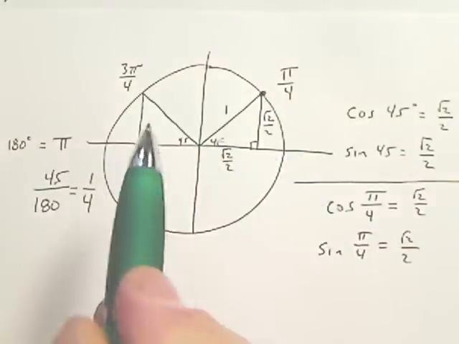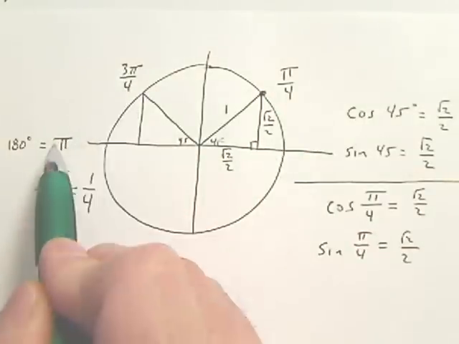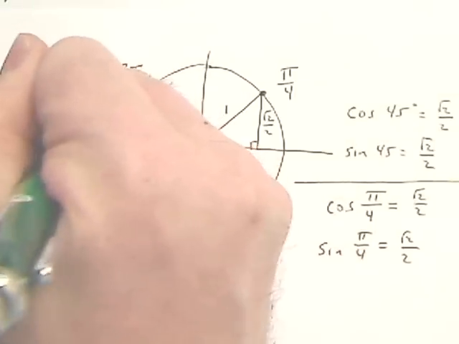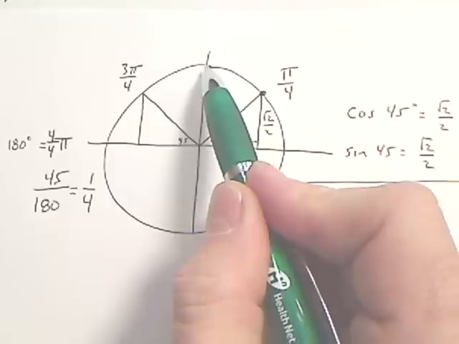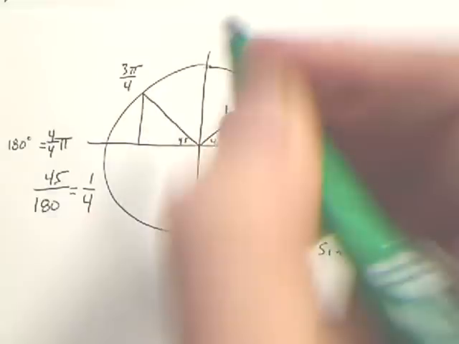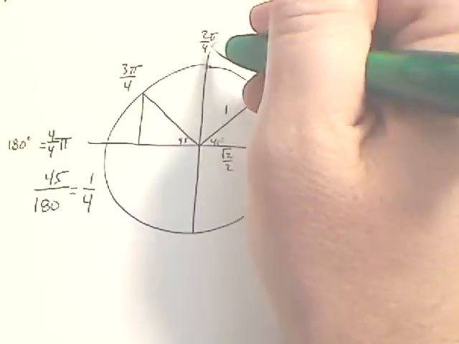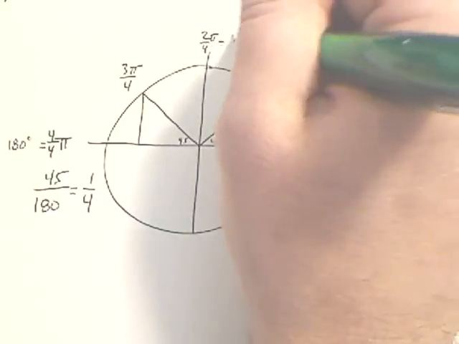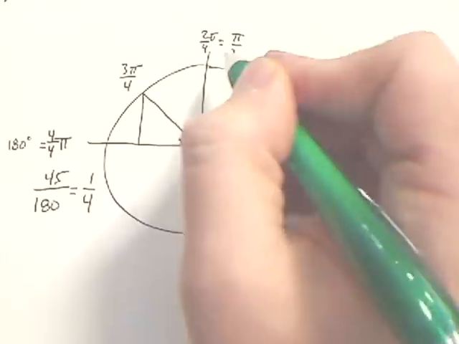Now hopefully that makes sense, because pi, if you think of it in terms of fourths, is 4 over 4. So the one right before it would be 3 over 4. This one would be halfway between those, is 2 over 4, but we don't ever write 2 over 4. We already know that that's pi over 2, or 1/2 pi, which is here.